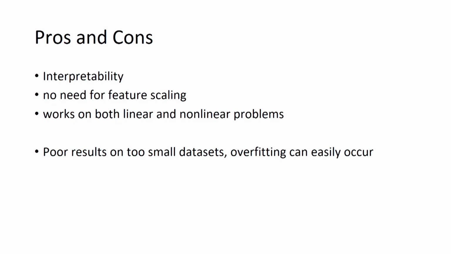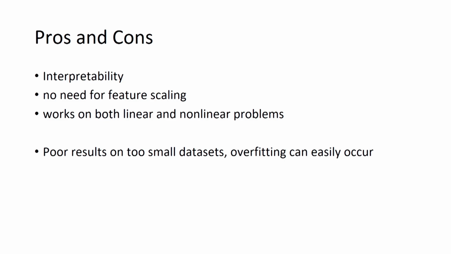And this decision tree works for linear as well as non-linear cases. If there is a non-linear relationship between the response variable and independent variables or predictors, or there is a linear relationship between them, in both cases we can use decision tree.